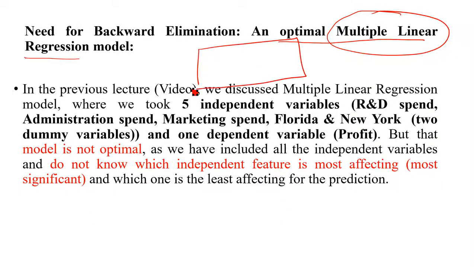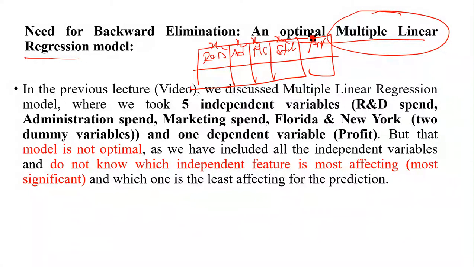The given data set has R&D, administration, marketing spend, state, and profit. These are the features x1, x2, x3, x4, and this is y. The state is a categorical feature, so we apply the get dummies method to convert it into dummy variables.